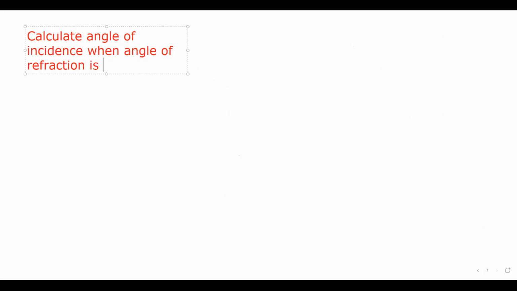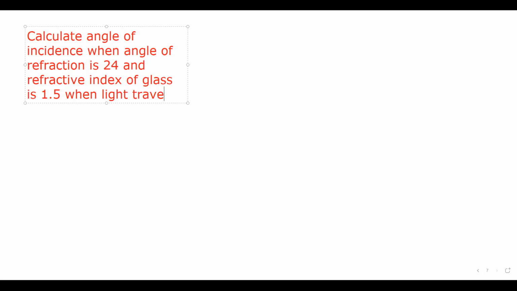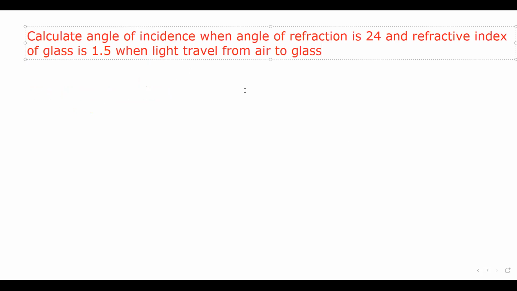So if I say, calculate the angle of incidence when the angle of refraction is 24 and the refractive index of glass is 1.5, when the light travels from air to glass. So light is moving from air to glass.